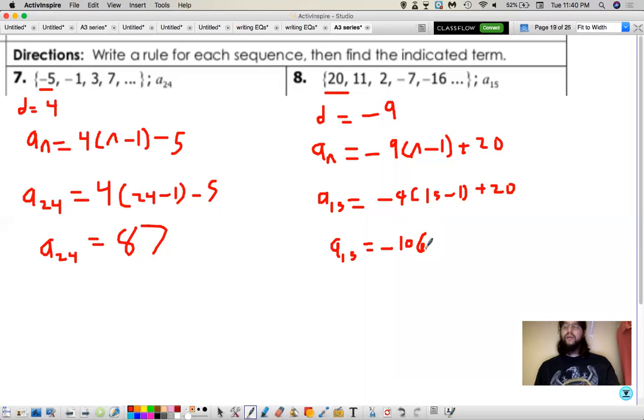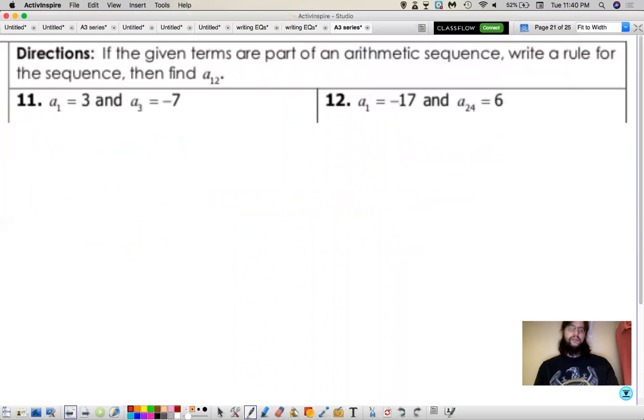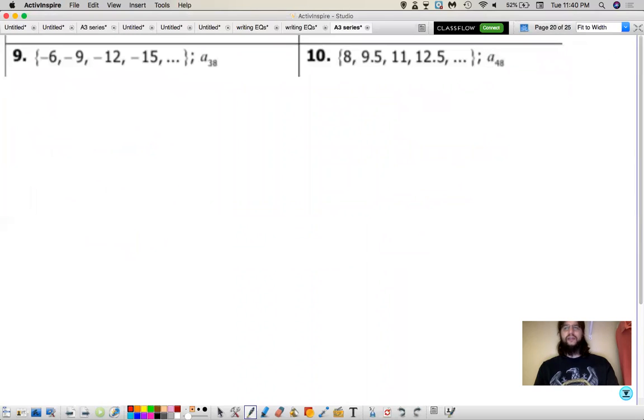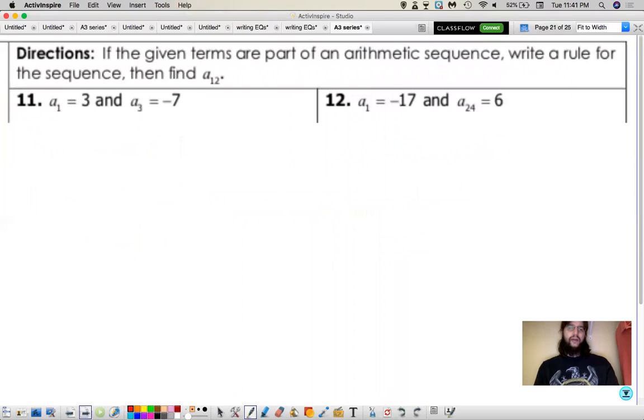But if we think about what's going on here, well, this is actually a rule, right? It's an explicit formula if you think back a couple weeks. But this is still just sequences. Aren't we talking about series? It's a few slides away, but yeah, we're going to get there.